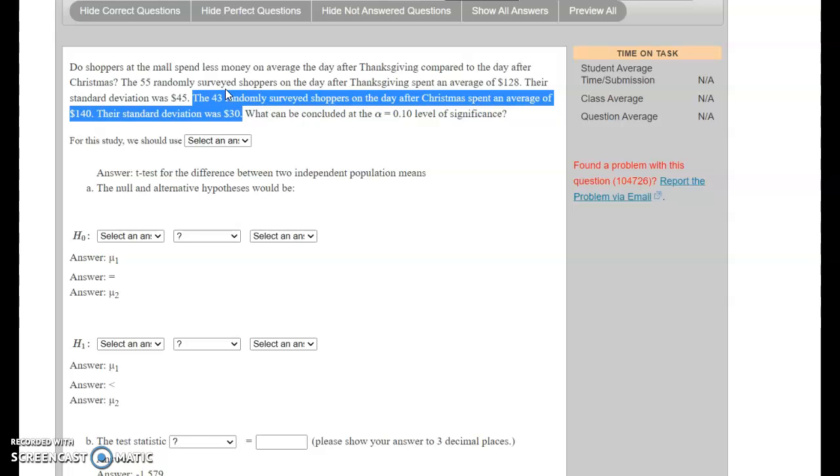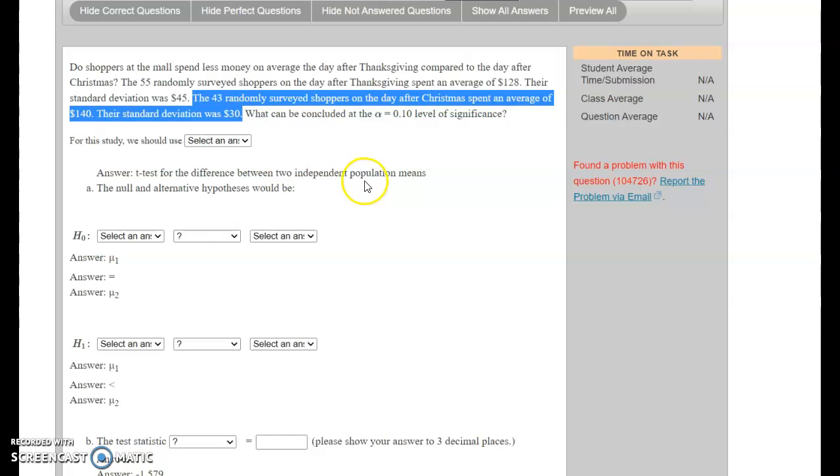Okay? So because the standard deviation is coming from a sample, this is a T problem, a T test. And the fact that we have this sample up here of 55 shoppers and then this sample of 43 shoppers means we have two samples, which means it's a two-samp T test. Okay? How's that logic for you?